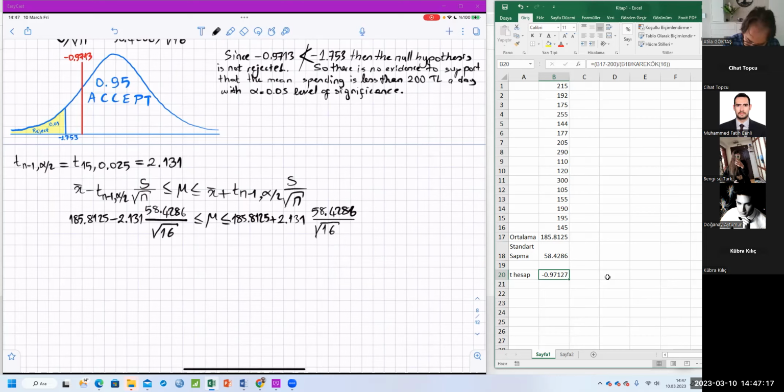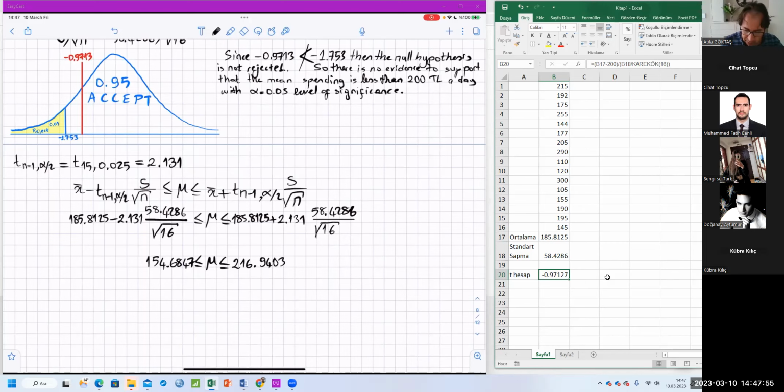The lower bound is 154.6847. And the upper bound is 216.9403.